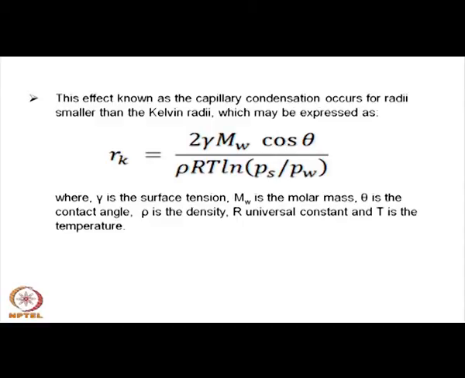So, the pore size, particularly the pore structure, has to be controlled in such a way that the condensation takes place within the relative humidity range of our concern. Okay.